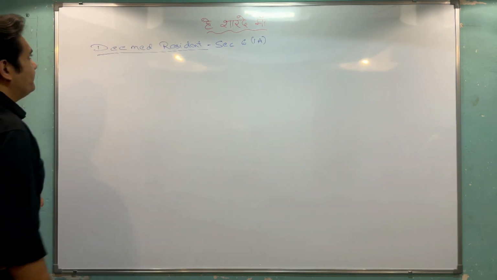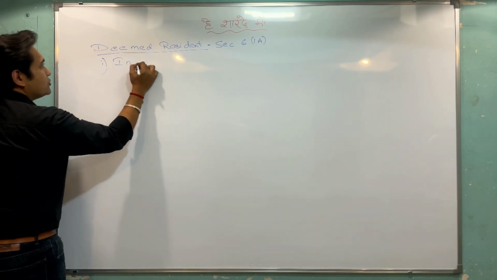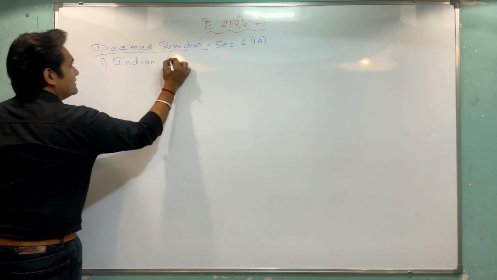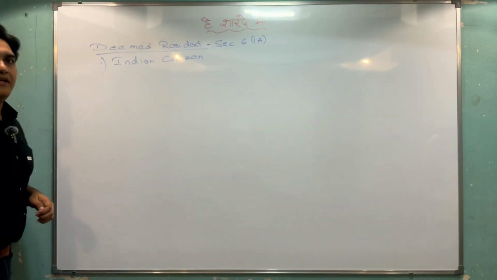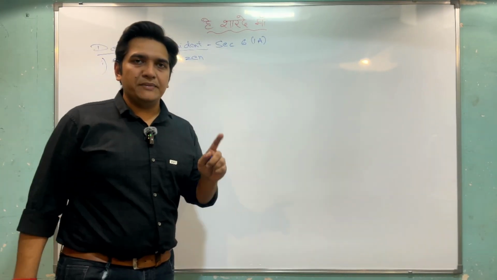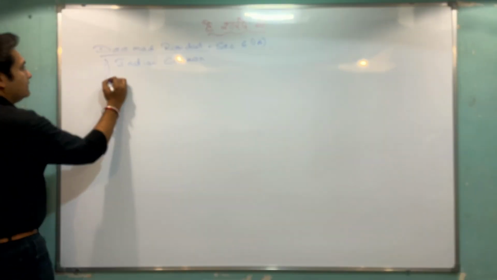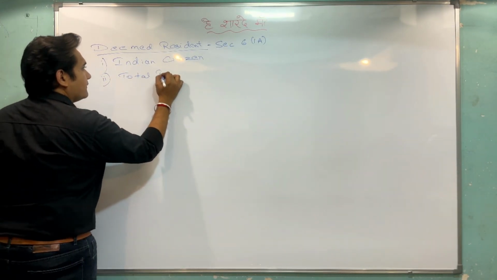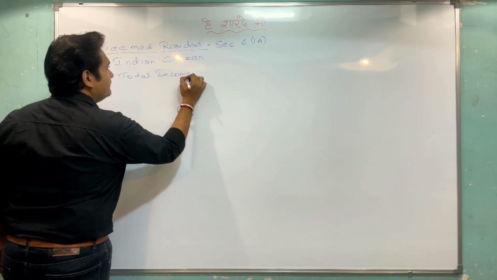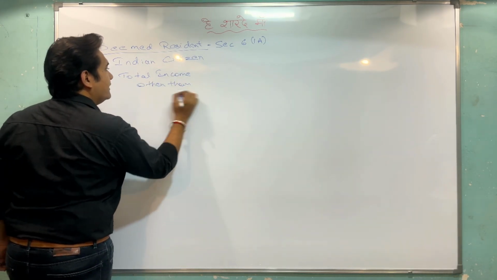Section 6(1A). What are those conditions? First, the person has to be an Indian citizen. Second is the total income.